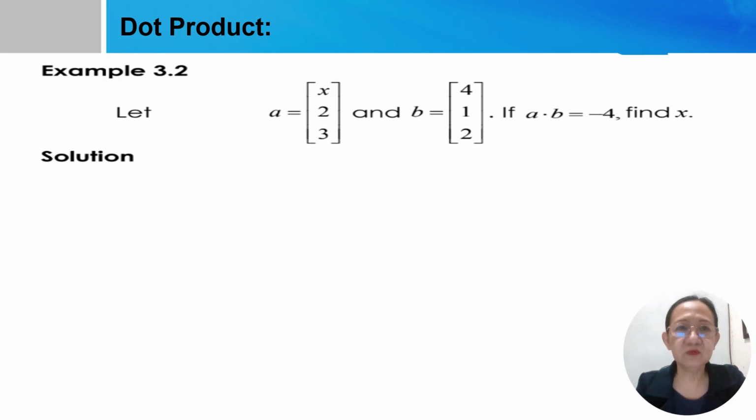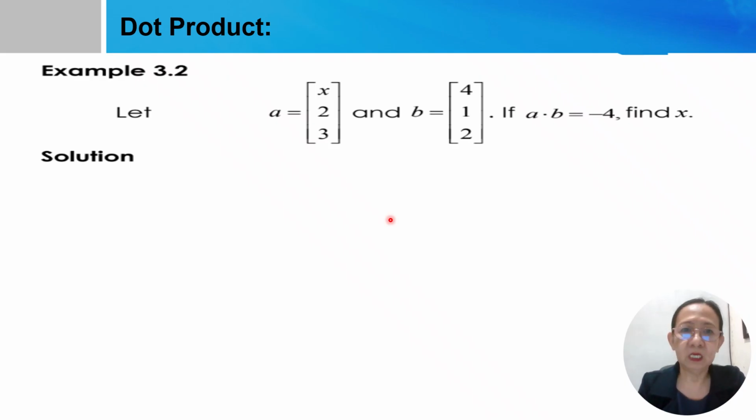Now, let us have example 3.2. Let vector A have the entries x, 2, 3, and vector B have the entries 4, 1, 2. If the product A times B is equal to -4, we have to find x.